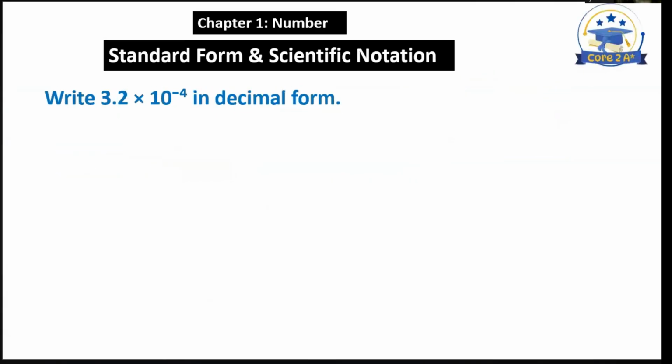Moving to the next. Write this in decimal form. How can we write it in decimal form? Negative power means move the decimal 4 places where? Left. This decimal we have to move in the left direction.